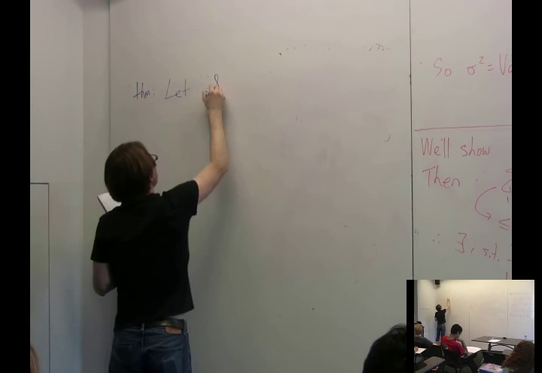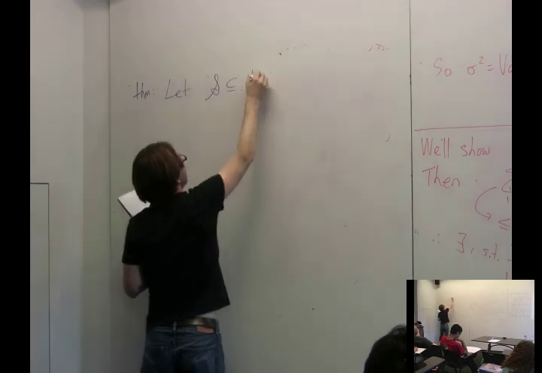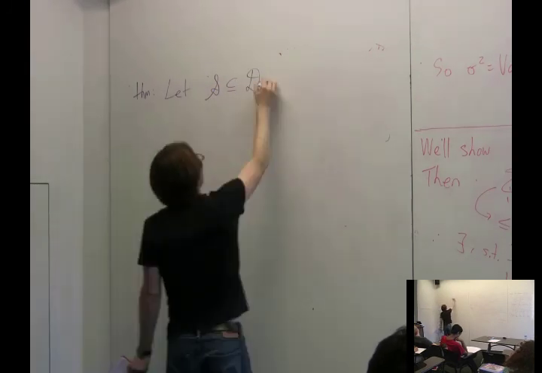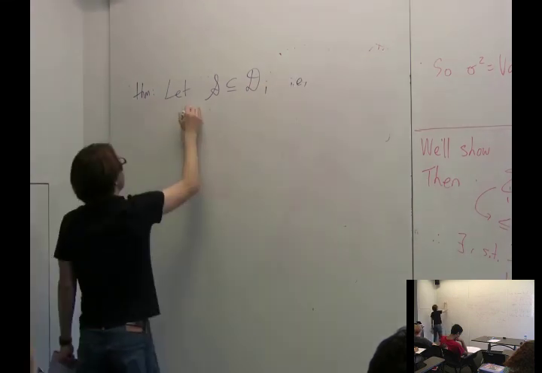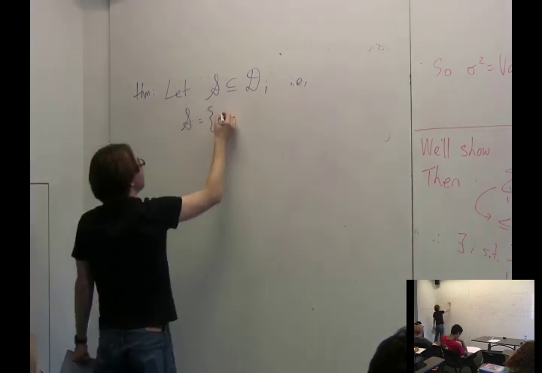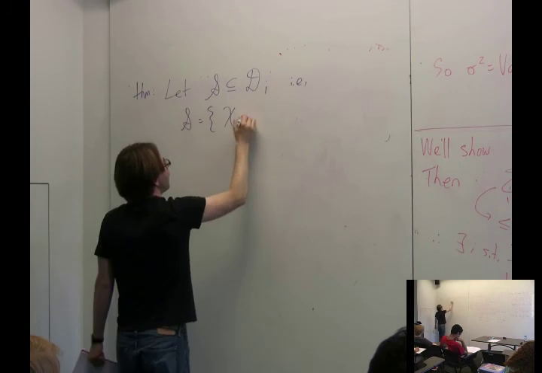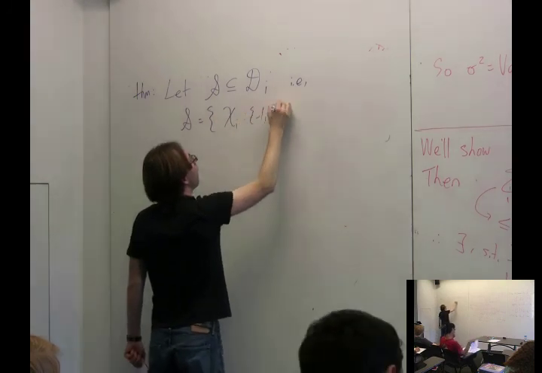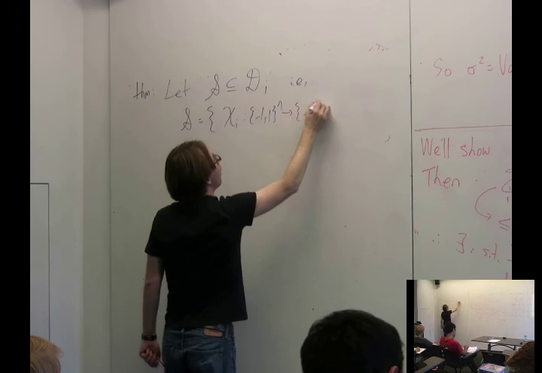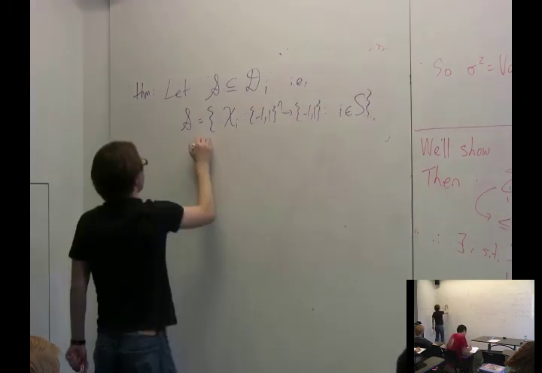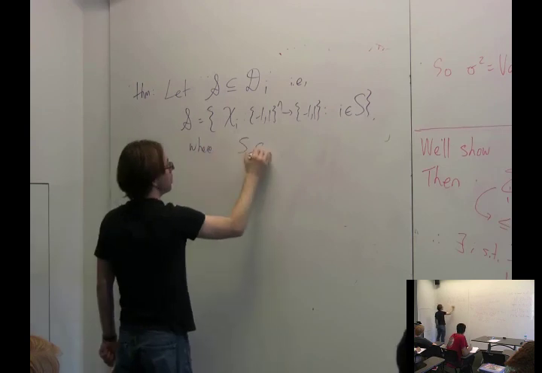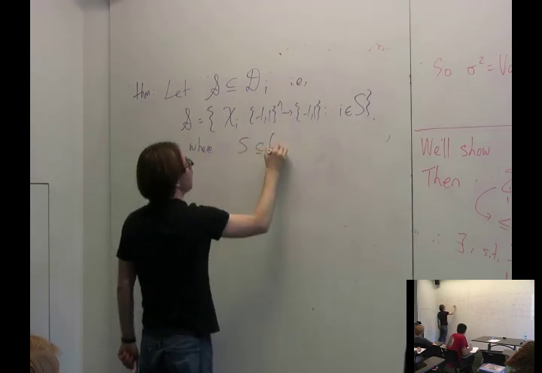Let script S be any subset of the class of dictators at all, i.e., S is the set of all functions chi_i, a dictator, such that i is in some set S, where S is some completely arbitrary subset of [n].